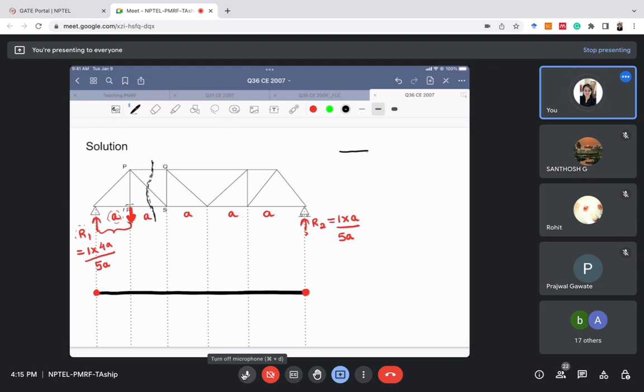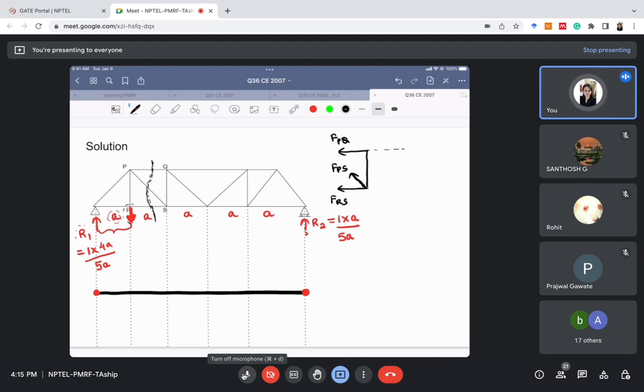Please see to it carefully. This is the force in member PQ. Because we have cut those members, we have to draw the free body diagram like this and release the forces here: FPS, and this is FRS, right? We can draw the other section as well, but it is a complicated section and we do not need to draw it.